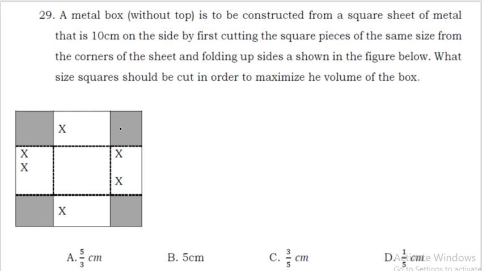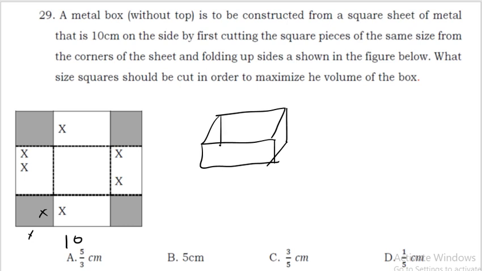Okay, what's given, first of all, it was 10 by 10. Consider, like instead of drawing, it's already drawn there, it was 10, the upper also it was 10, but from each corner x is cut out. Now it will be a box but open at the top, don't forget.